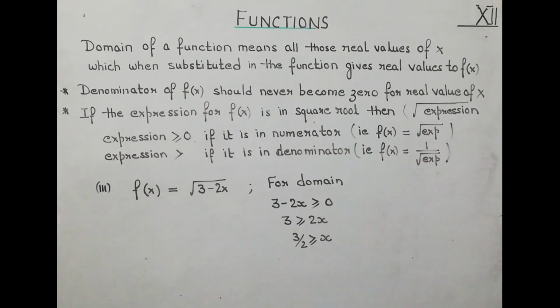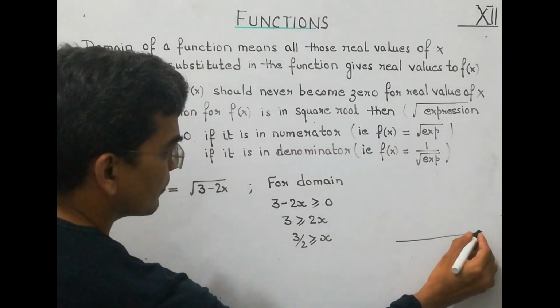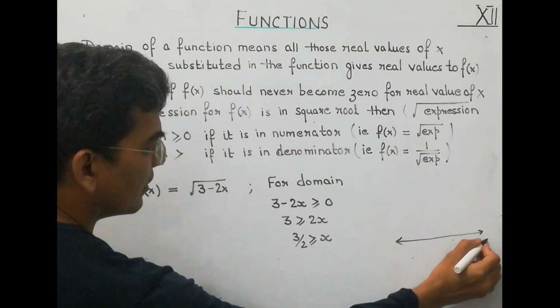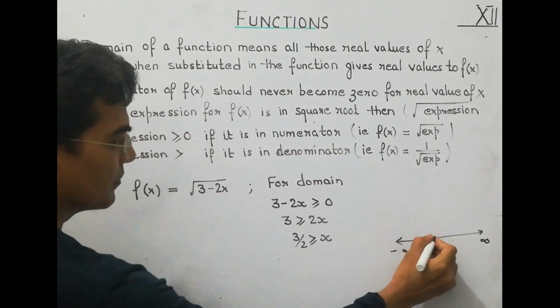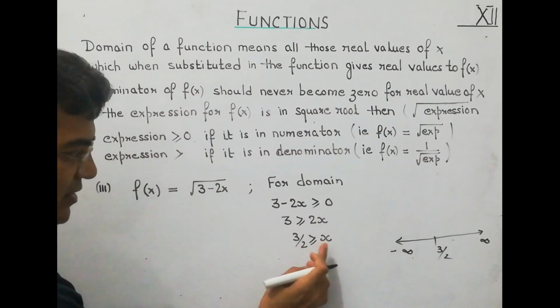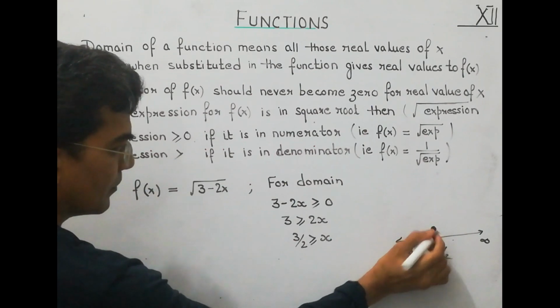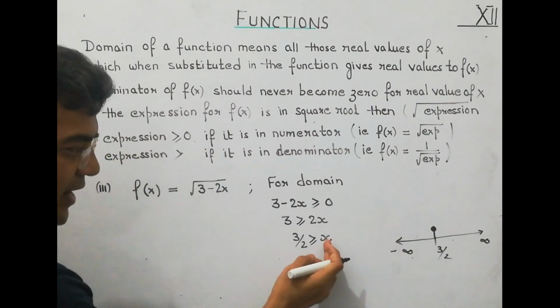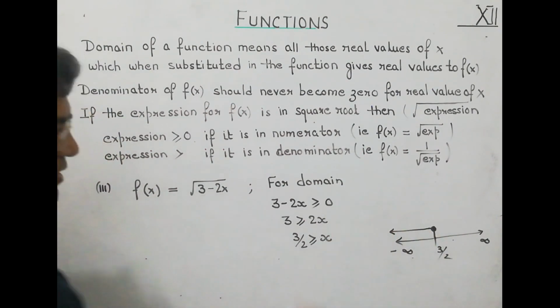So here, see, if it's a real number line, see this, 3 by 2. So you say x is equal to 3 by 2. 3 by 2 will be considered, and x is less than, so you will consider all these values less than that.